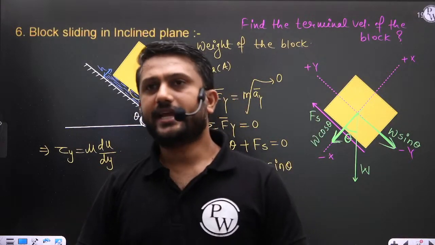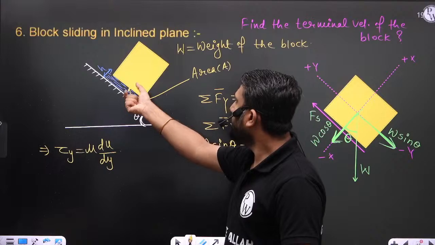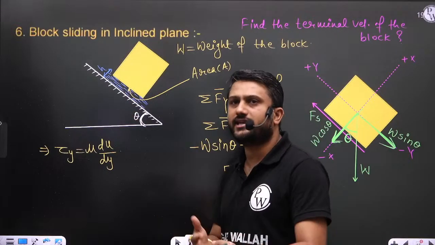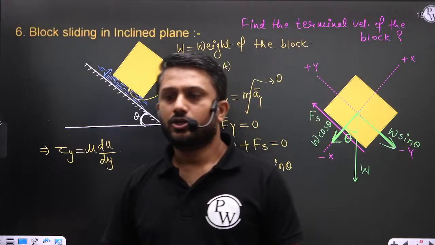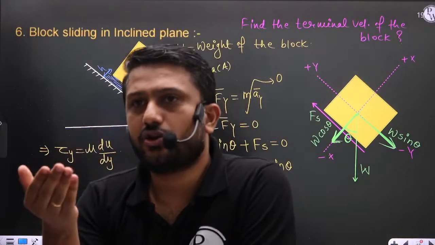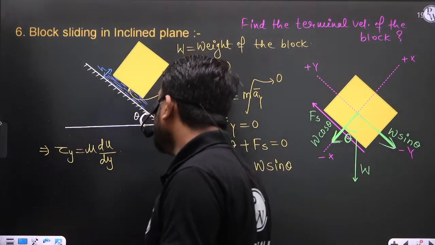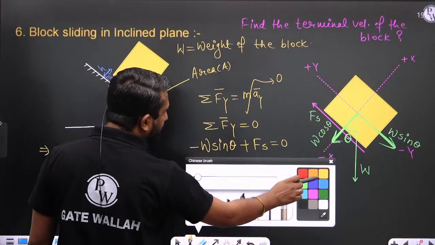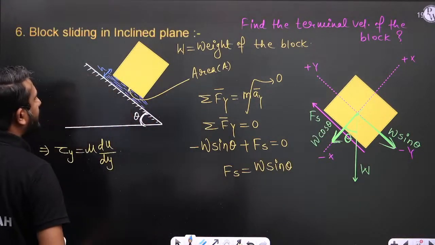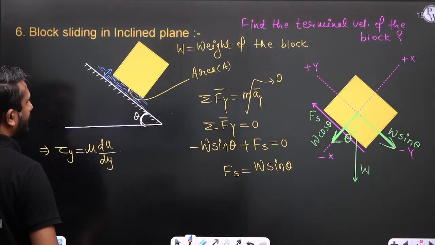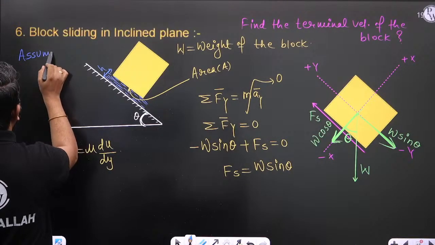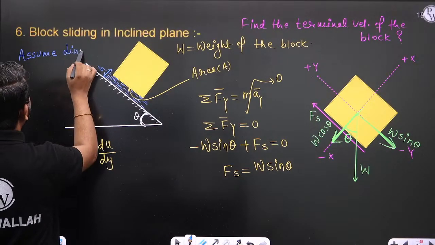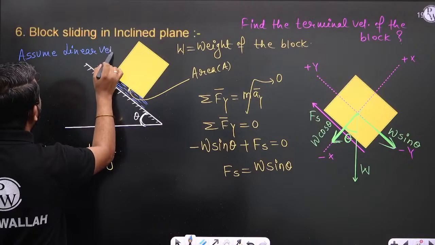For the lubricant, we must know how the velocity varies in this particular gap H. I already told you, if velocity variation is not given, then assume a linear velocity profile. Otherwise, you are not able to solve the problem.